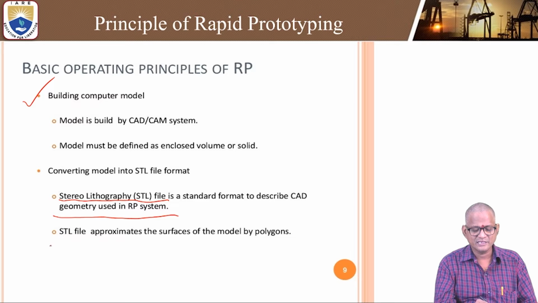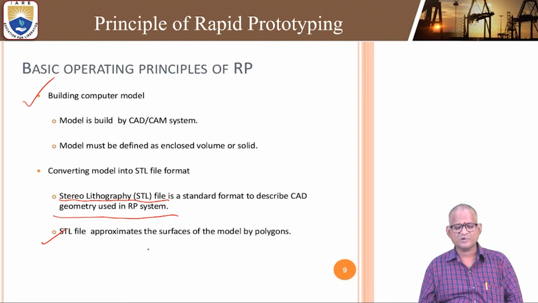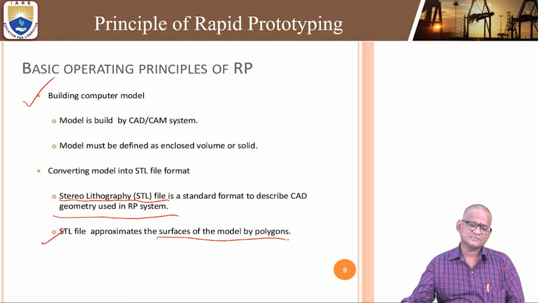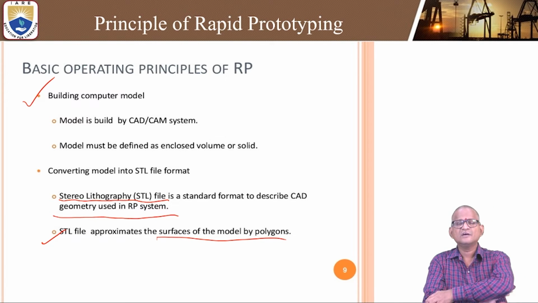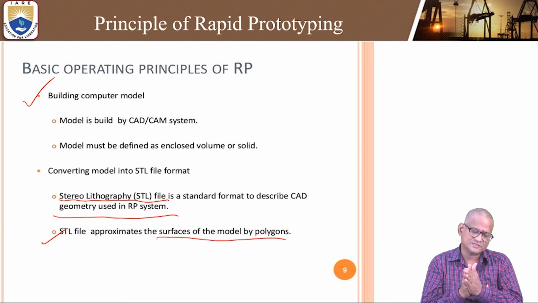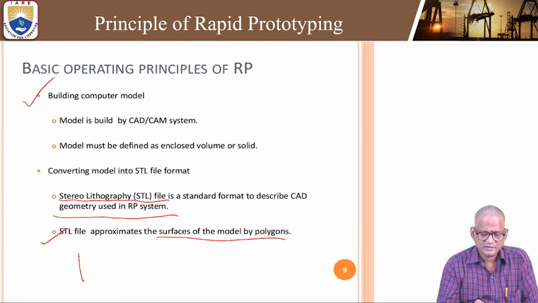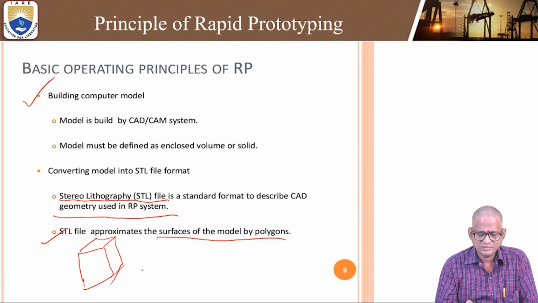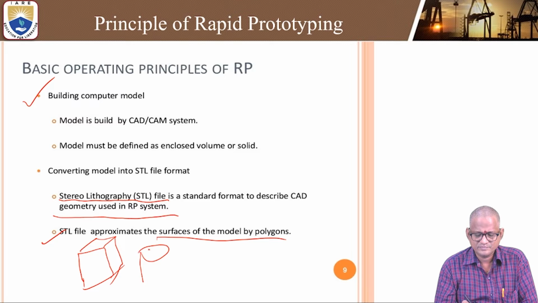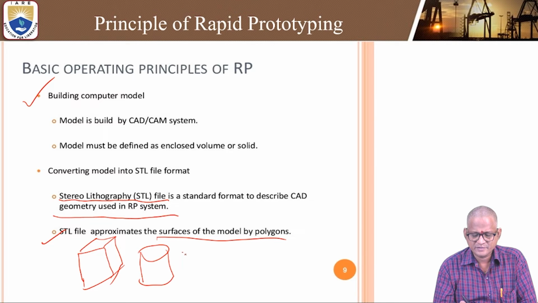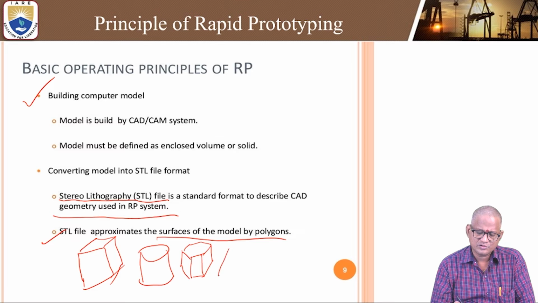Okay, and the STL file approximates the surface of the model by polygons. So what is the purpose of this STL? It approximates the surface of the model by polygons. A polygon, in the sense, if four sides are there: cube, cylinder, prism, hexagonal prism, and cone.